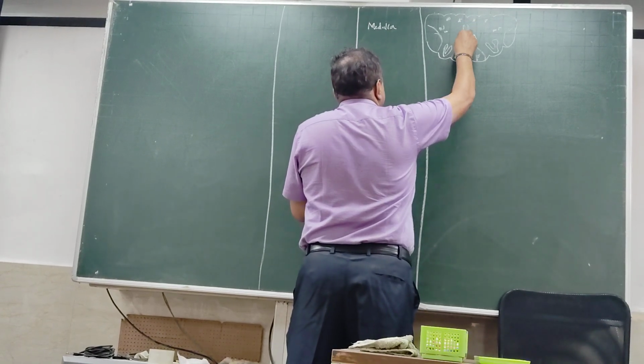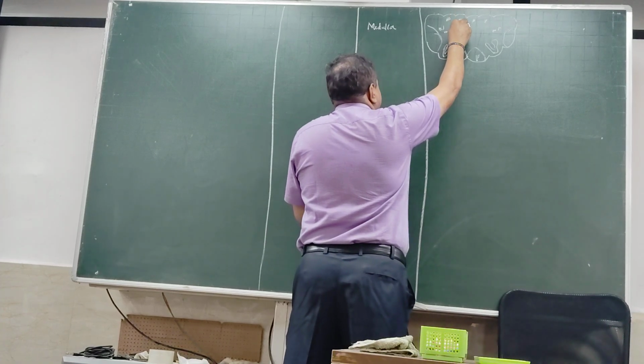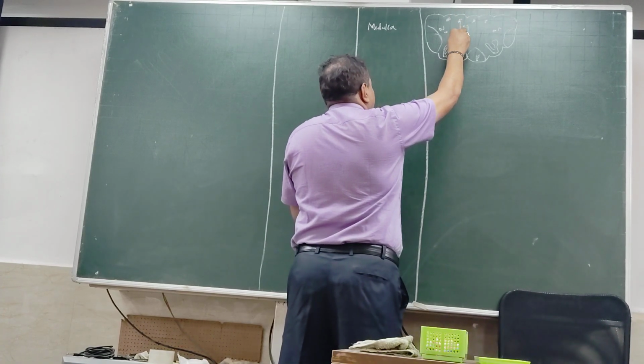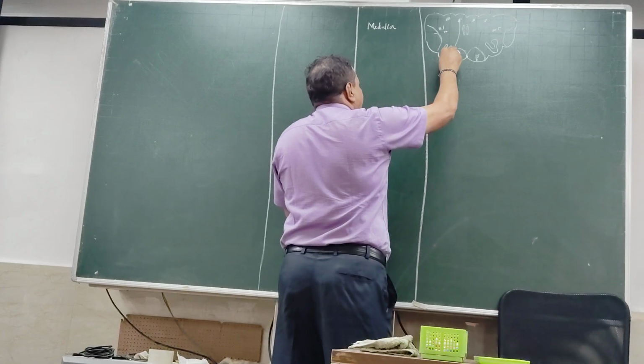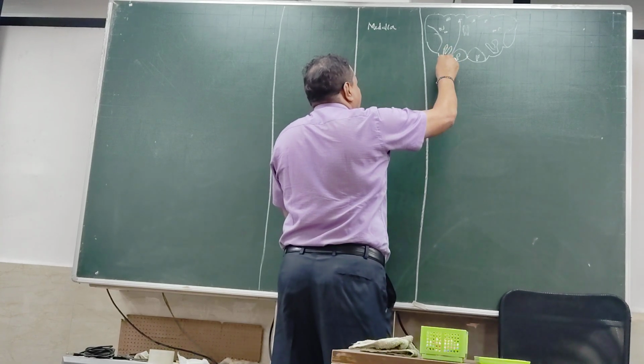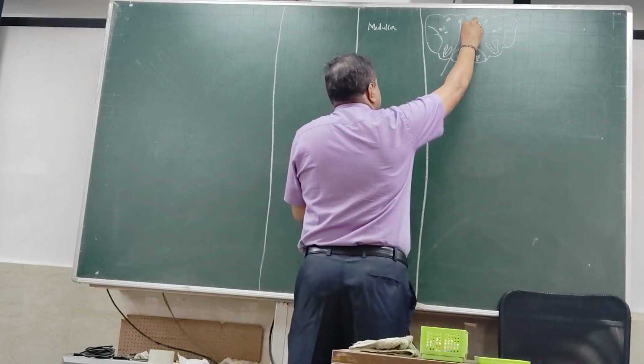Medial lemniscus. So the intranuclear course will be, it lies lateral to the medial lemniscus, lateral to the pyramid, okay, and medial to the inferior olivary nucleus.